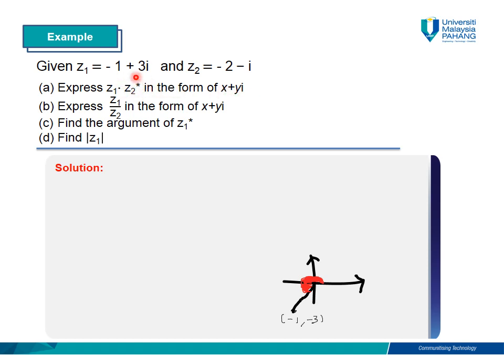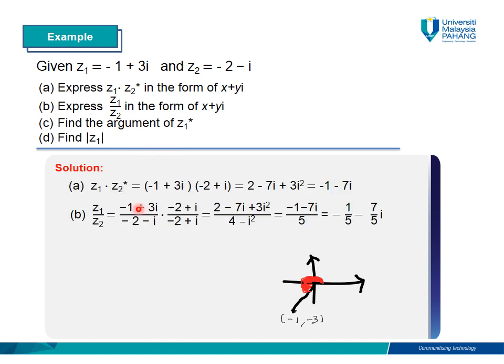So first you need to transform this one into the conjugate. So the conjugate becomes -2 plus i, and then just multiply with the z1. So for z1 divided by z2, okay, so this is the solution for A.